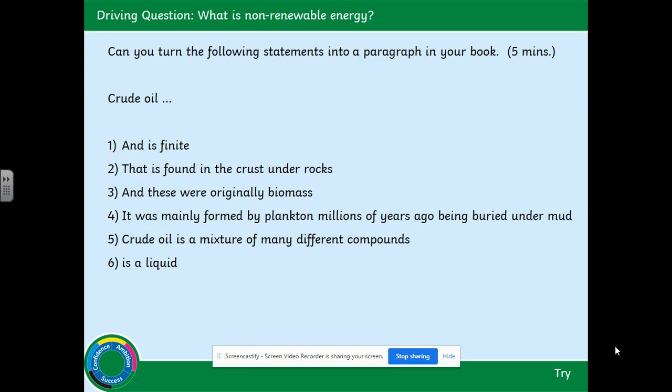Three, these were originally biomass. Four, it was mainly formed by planktons millions of years ago, being buried in the mud. Five, crude oil is a mixture of many different compounds. And six, it is a liquid. How could we rearrange these six sentences to make a complete paragraph?